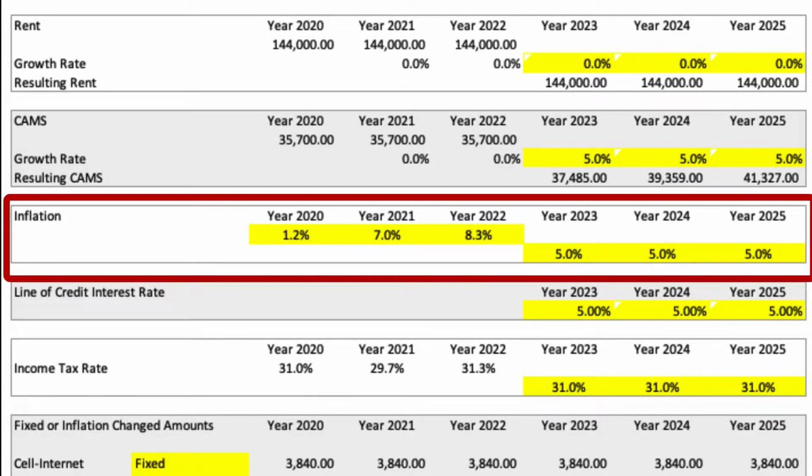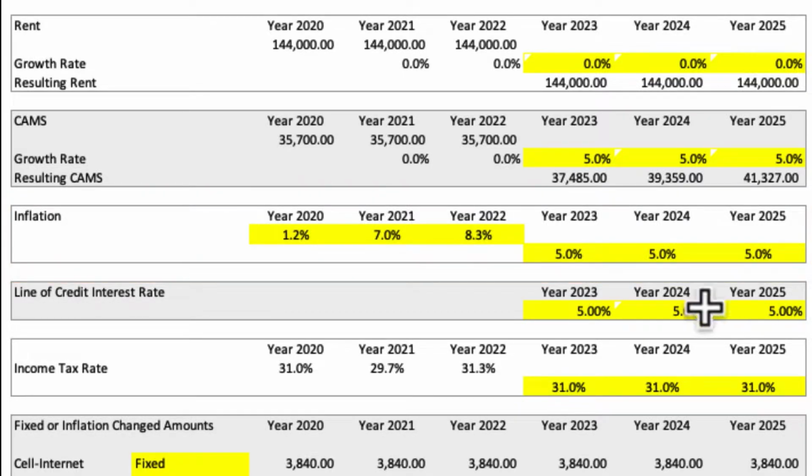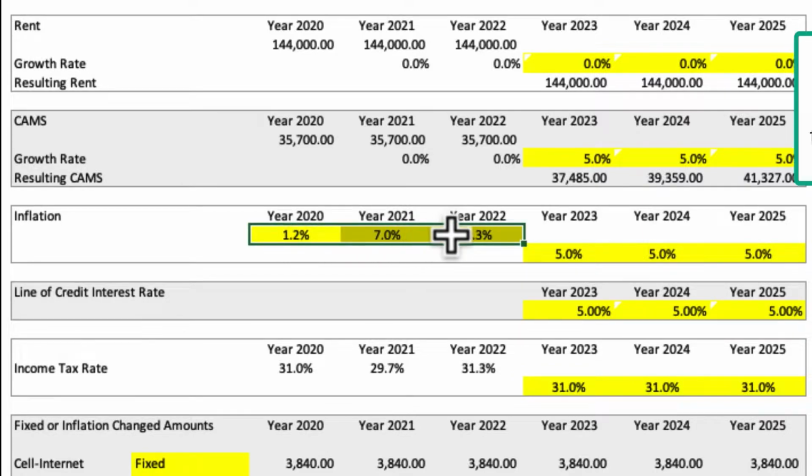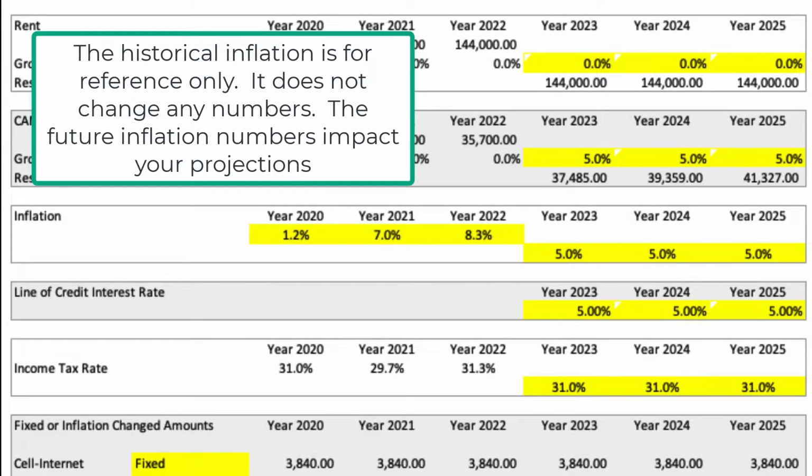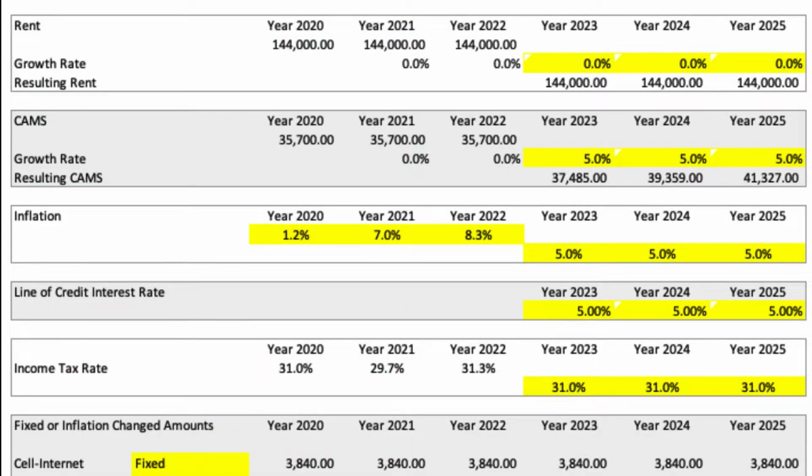The next item is inflation. So you put in some historical inflation numbers, and you can find that on the internet by doing a simple Google search. The inflation numbers are going to impact some of your expenses in the future years, the expenses that typically increase with inflation.